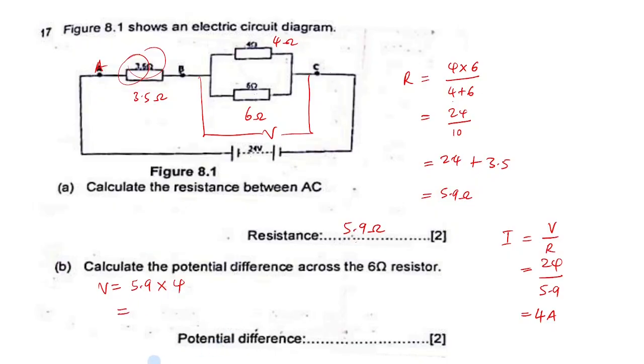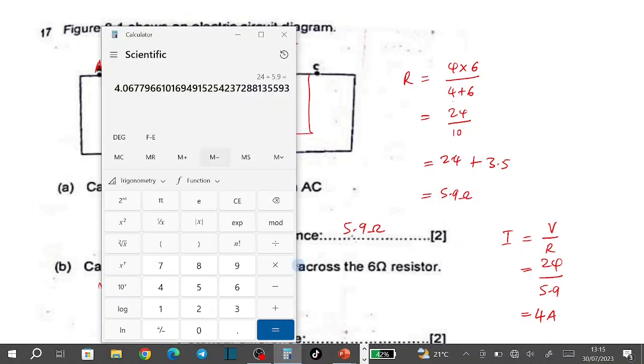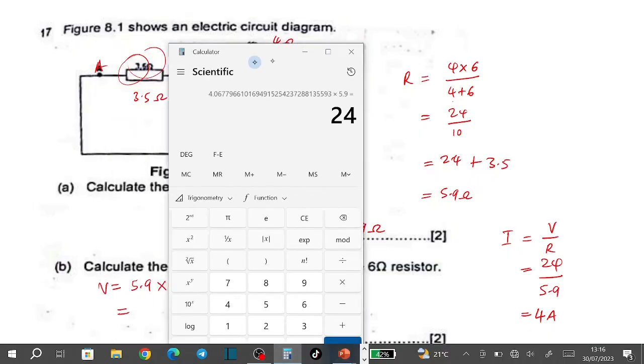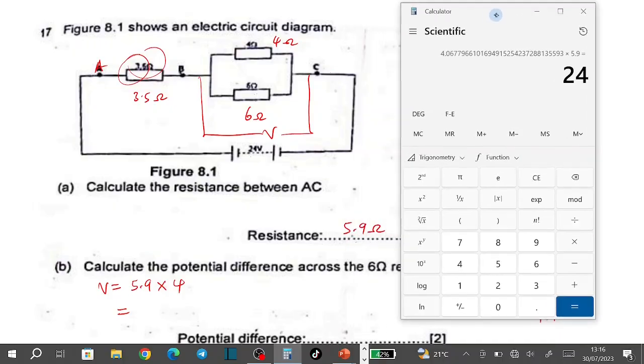So what I'm going to do is to get this current on my calculator, times 5.9. This is not making sense now. I'm getting the same value. Shouldn't be 24. Where have I gone wrong? Voltage here.